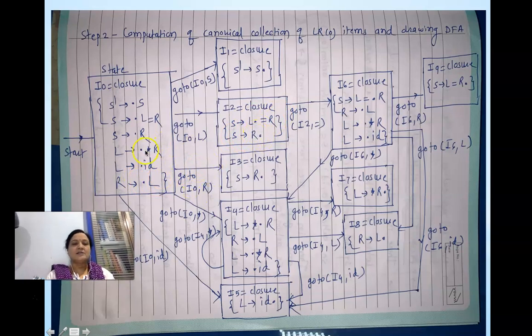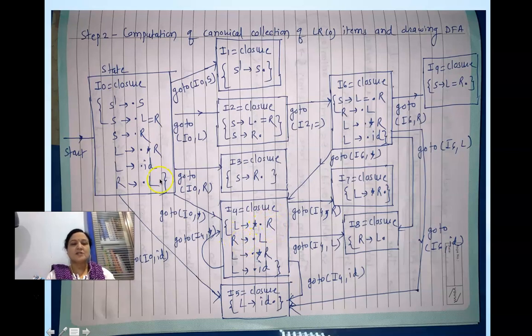And I3 is where this dot is getting shifted after star. So I3 is equal to S tends to R dot, and I4 is equal to closure of L tends to star dot R, where we are shifting the dot after star. Now since after the dot non-terminal R is there, we have to take the R production.